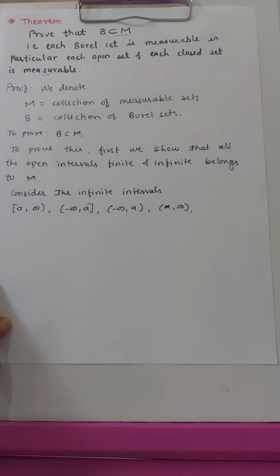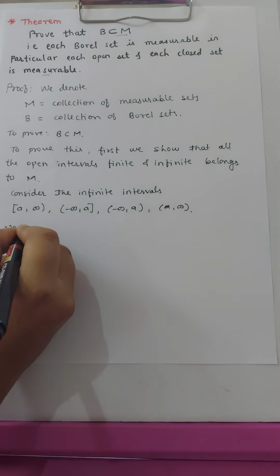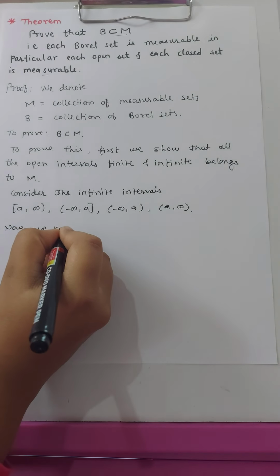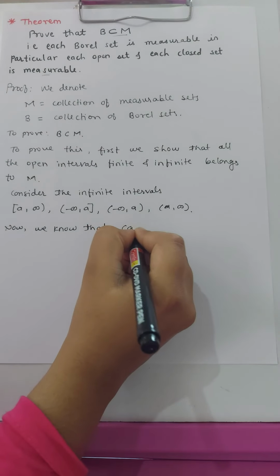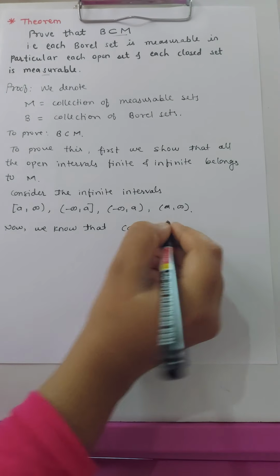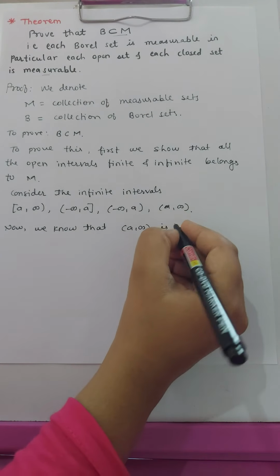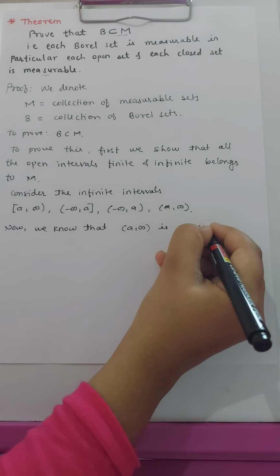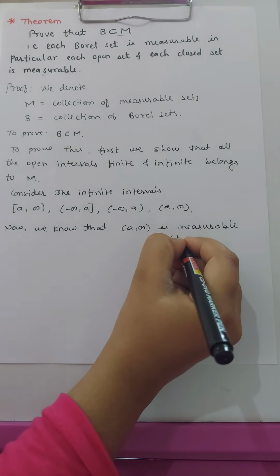We have considered these 4 infinite intervals. Now we know that this (a, infinity) is measurable, and we have proved this theorem in our previous video lectures.